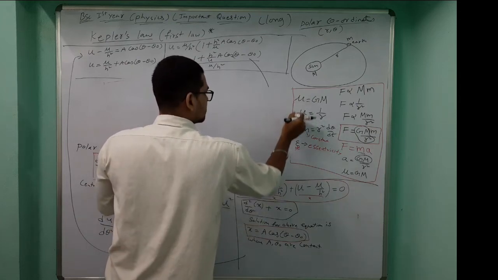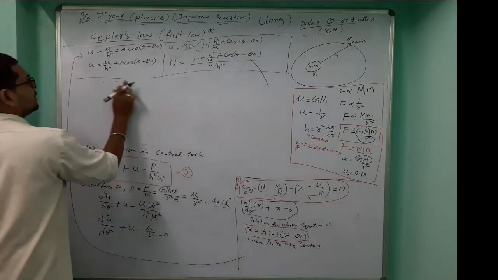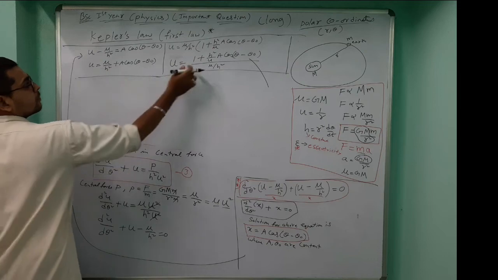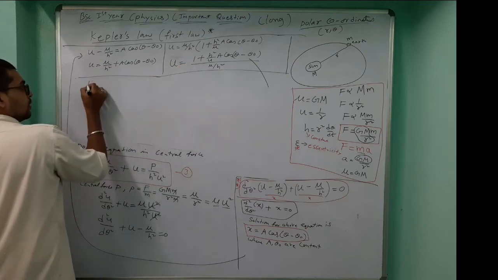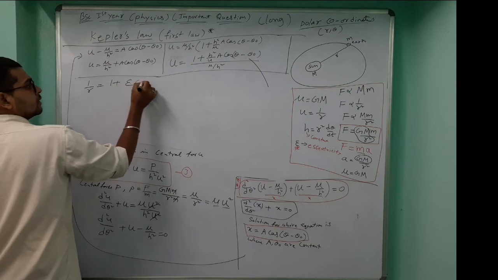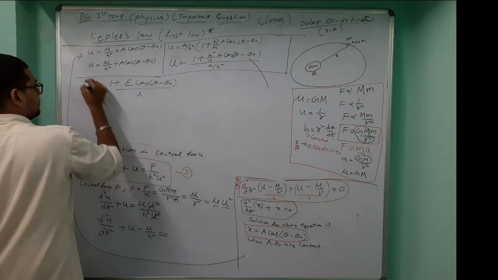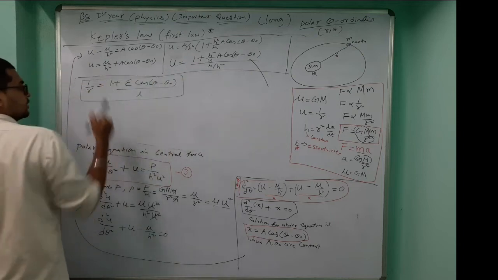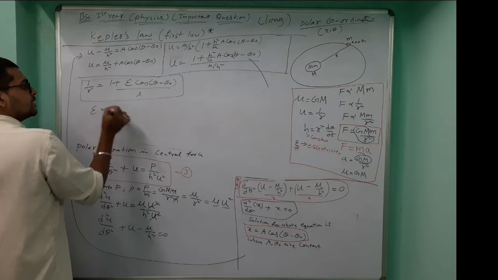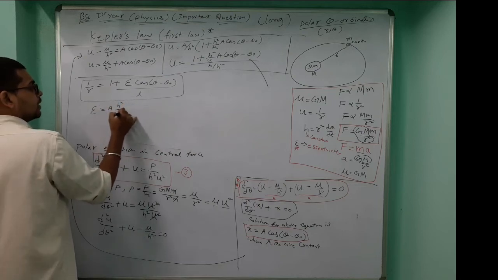So these are the formulas. Now this one, see, ఎట్లా రాస్తున్నా అంటే this one I'm writing like this, 1 by r is equal to 1 plus e cos theta minus theta naught by L. This is important. Now what is here, this one, this is nothing but a h square by mu.